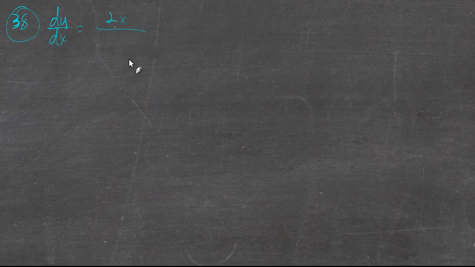Next, let's look at 38. So there is this function, and its derivative is given here, 2x over x squared minus 9. And it also gives us 0, 4, and I'll remind you the significance of this when we're talking about differential equations. So there is a function, and its derivative is given by this function.